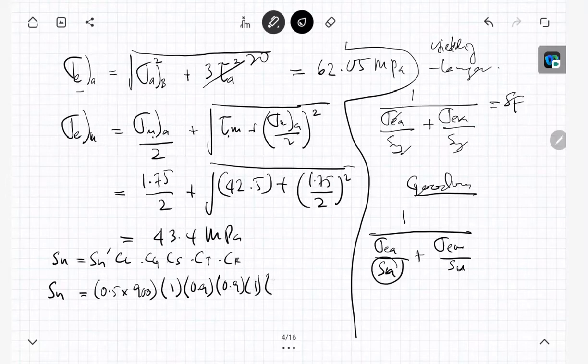Same as reliability factor, no mention of any reliabilities, so just one. So you get the value of 364.5 megapascal.